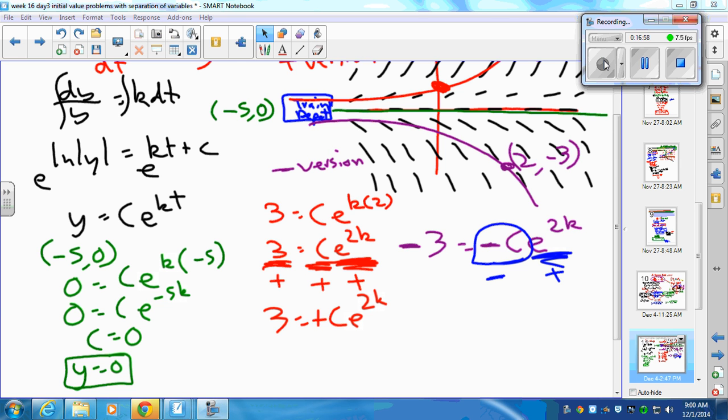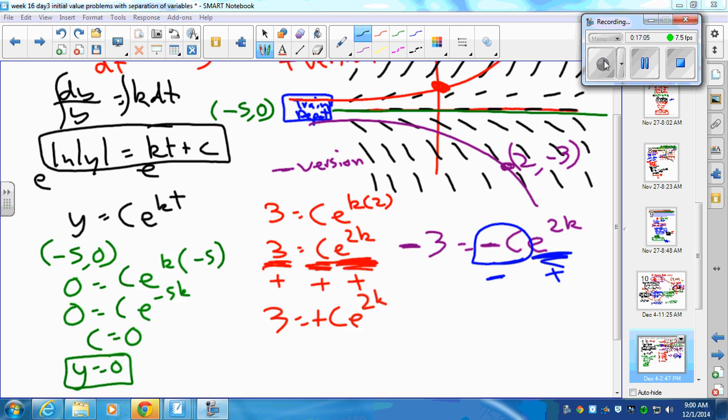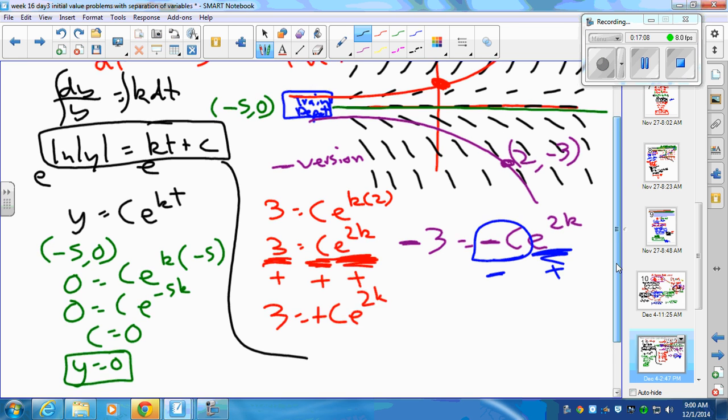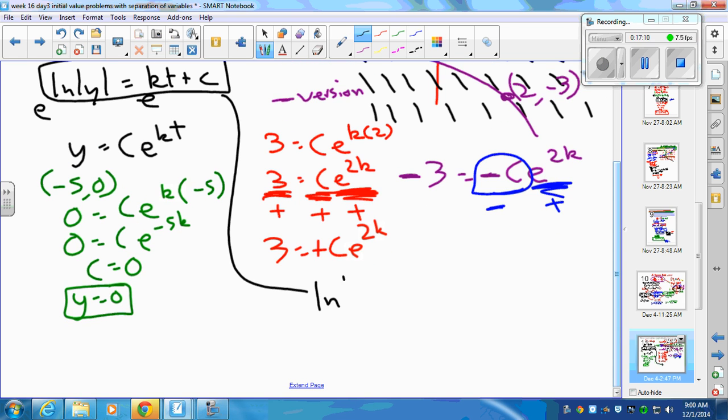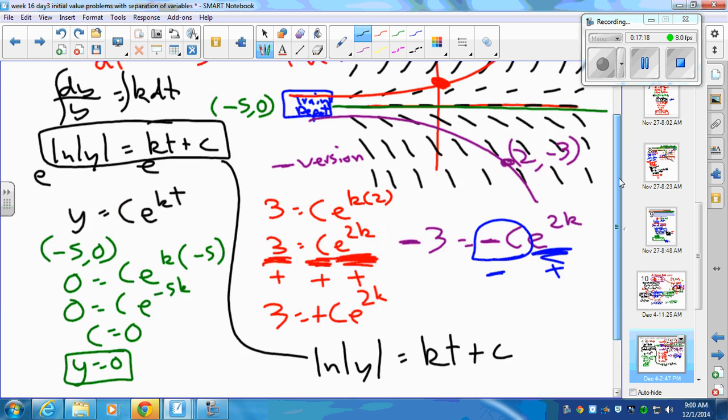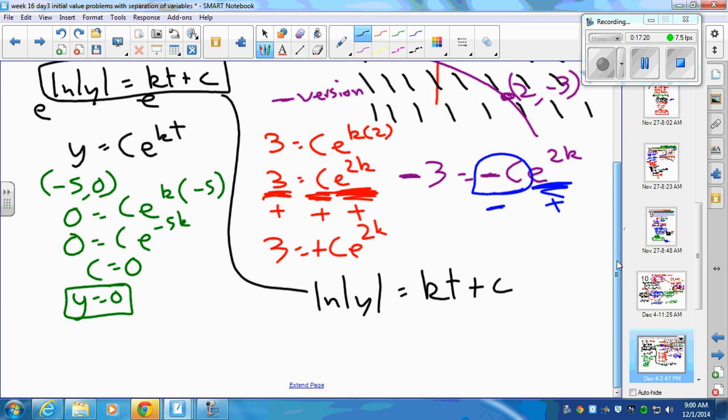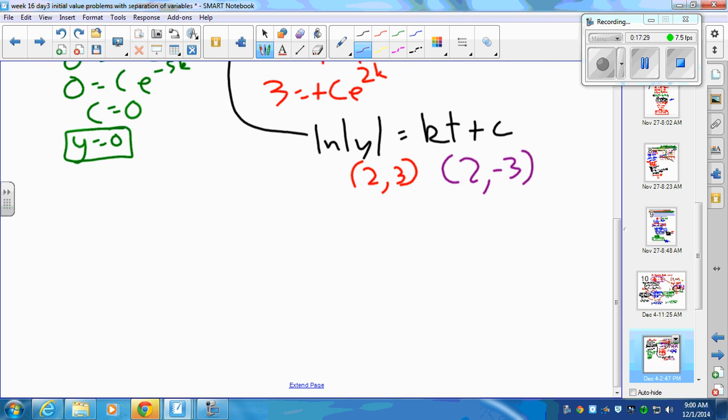Now, let's talk about why the absolute value can go away. I want to take this piece and leave it as ln of y equals kt plus c. If you plug in (2, 3) or (2, -3), we'll see if there's a debate or not.